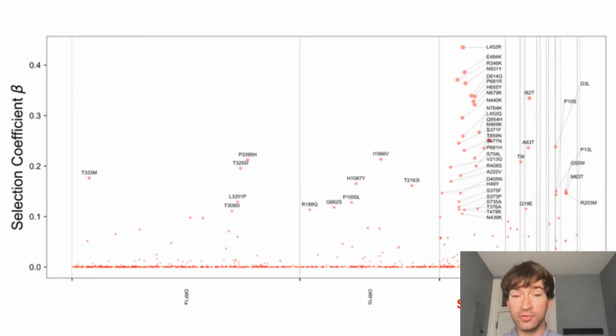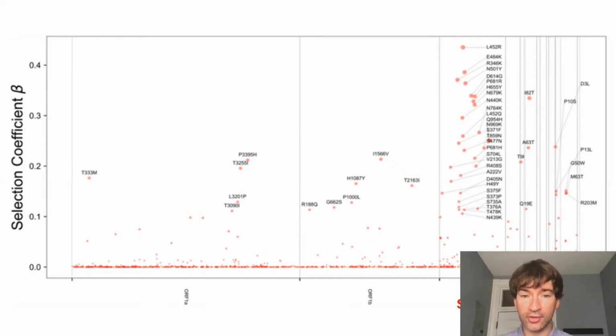Okay, so now let's quickly move on to amino acid level inferences, right? So recall that we introduced a 3,000 dimensional vector of amino acid level coefficients beta, and each of those coefficients corresponds to a specific amino acid substitution in the SARS-CoV-2 genome. And so we can display them graphically as I've done here. So along the horizontal axis, we have the SARS-CoV-2 genome broken up into different protein regions. And on the vertical axis, we have the inferred selection coefficient beta.